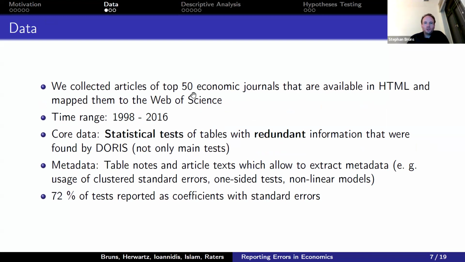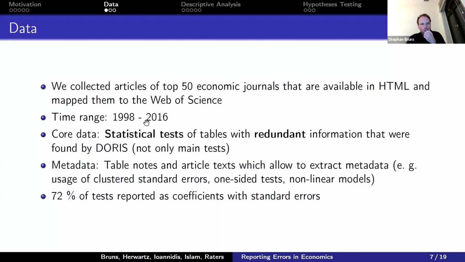So we focused on the top 50 economic journals, and we focused on HTML documents because HTML allows us to easily identify tables in a document, which is not that easy and reliably done in PDFs. This reduces the journals to 32 journals because the remaining journals do not provide the articles in HTML.